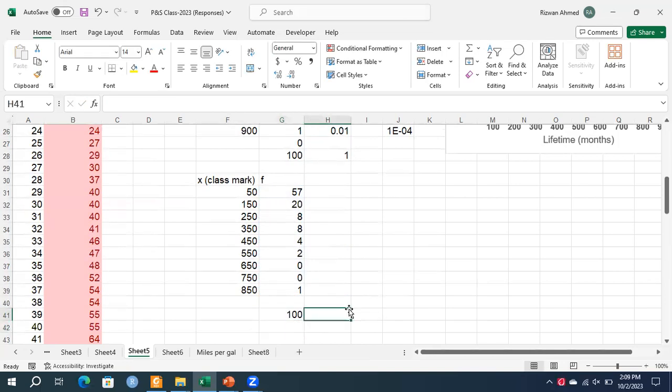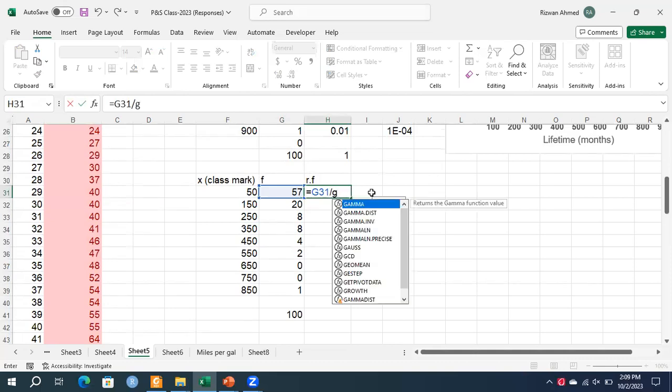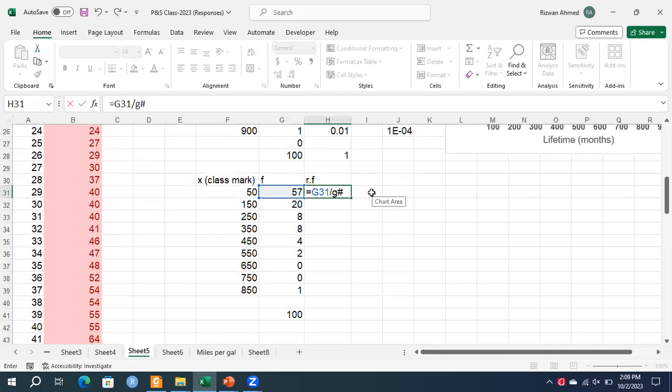right? So then we compute the relative frequency. I call it relative frequency. It is equal to the class frequency divided by the total number of experiments, n, and n is at $41. Okay, this number.